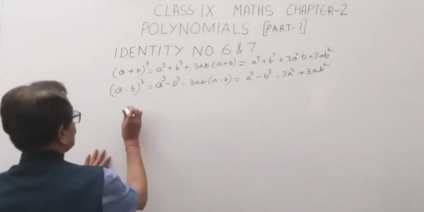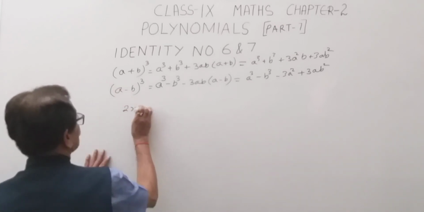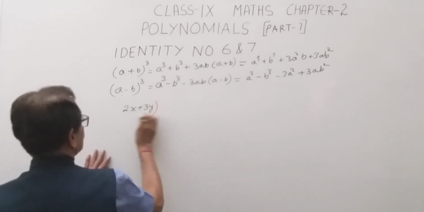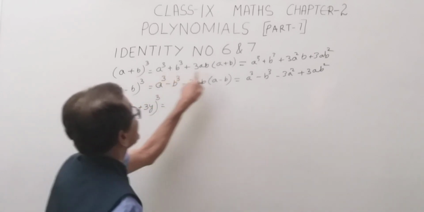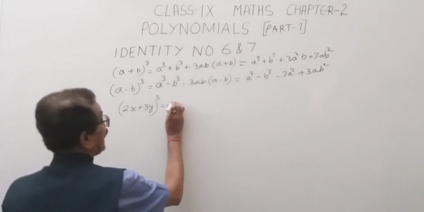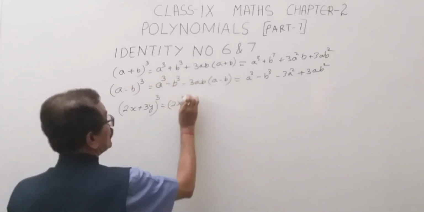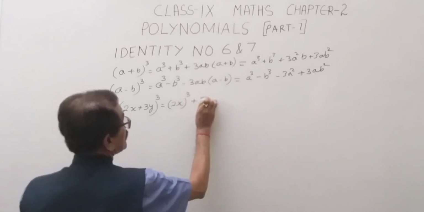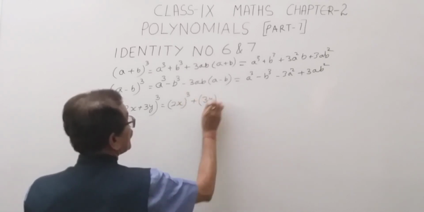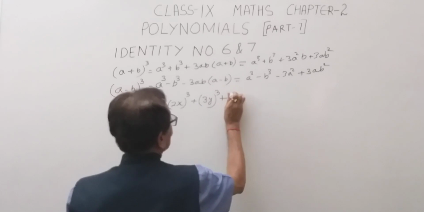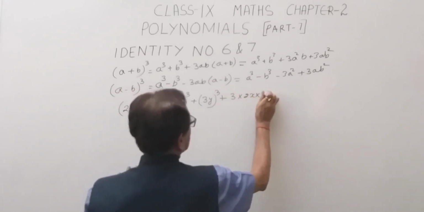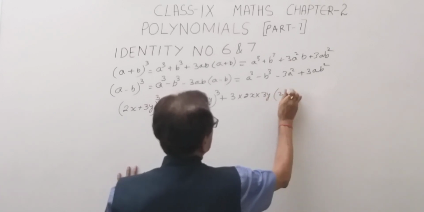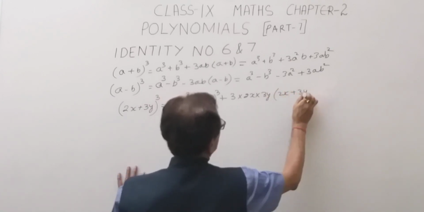Suppose I have (2x plus 3y) whole cube. So I can simply write this identity here: a cube plus b cube plus 3 into a into b bracket a plus b.